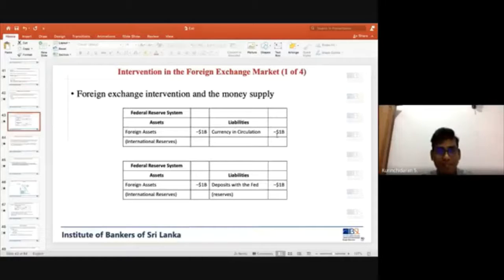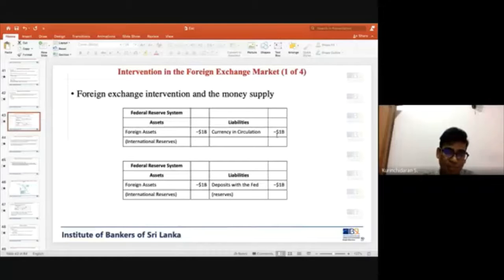Then if you take the balance sheet, the foreign assets are going to decline by 1 billion. That is, we can say international reserves. So in the central bank balance sheet, international reserves are going to decline.